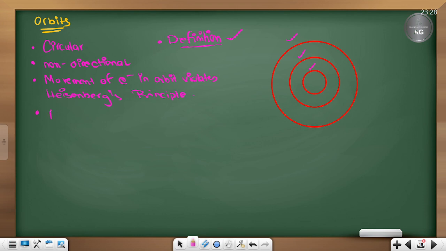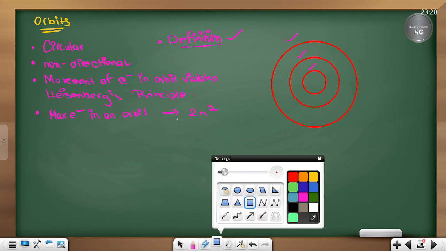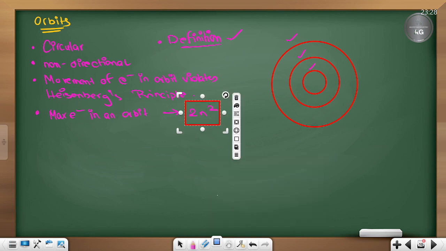Okay. And last one, the maximum number of electrons. Tell me, what is the maximum number of electrons in an orbit? The maximum number of electrons in an orbit is given by 2n square, where n is the principal quantum number. That is why I said I must give a little bit of quantum number introduction.